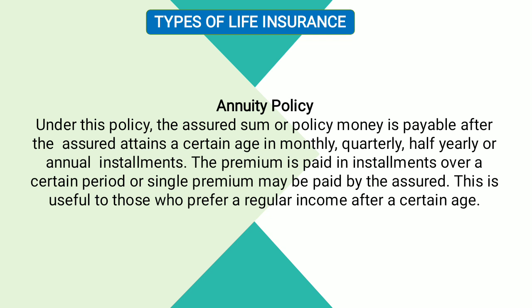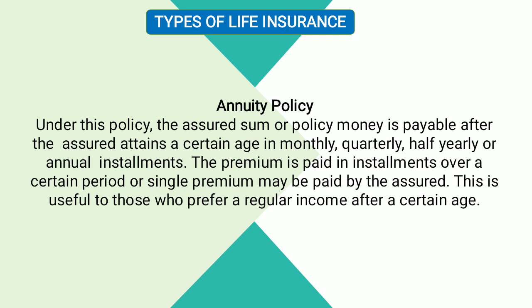Under this policy, the assured sum or policy money is payable after the assured attains a certain age, in monthly, quarterly, half yearly or annual installments. So basically this policy is called a retirement policy. The assured will get a certain amount after the specific period, and he can receive that amount per month, quarterly, half yearly or annually.